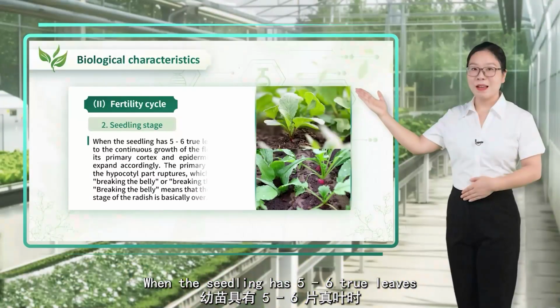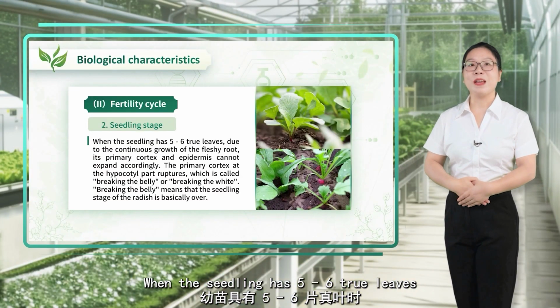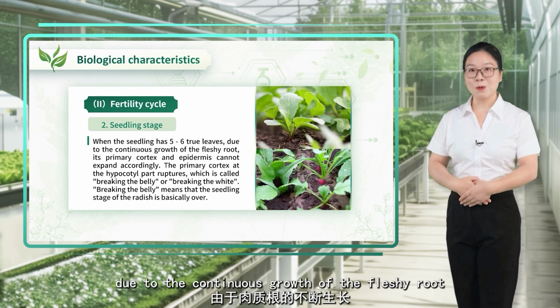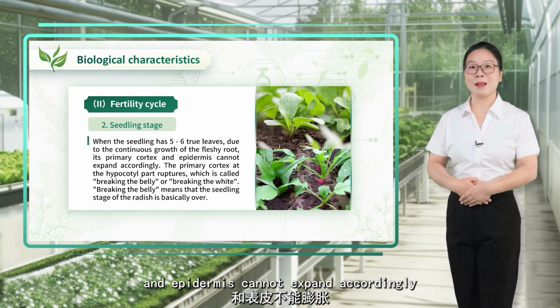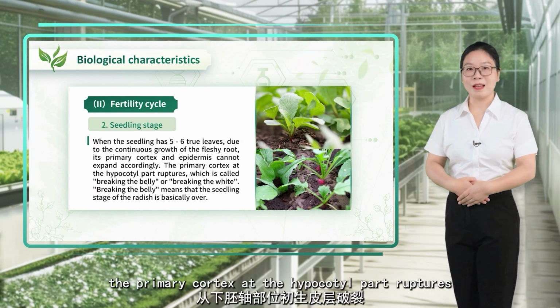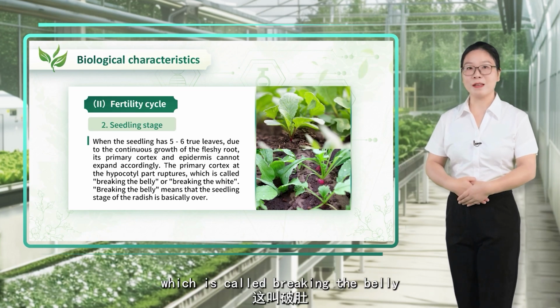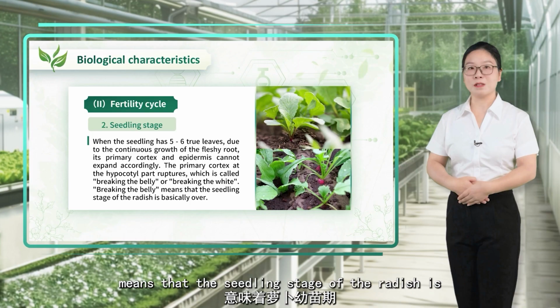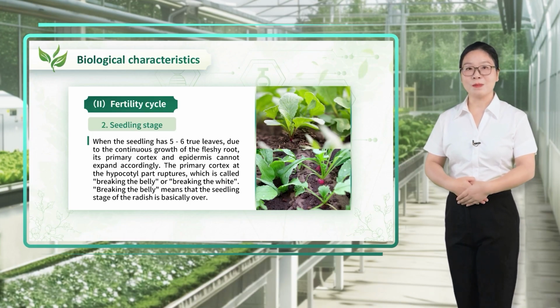When the seedling has 5-6 true leaves, due to the continuous growth of the fleshy root, its primary cortex and epidermis cannot expand accordingly. The primary cortex at the hypocotyl part ruptures, which is called breaking the belly or breaking the white. Breaking the belly means that the seedling stage of the radish is basically over.